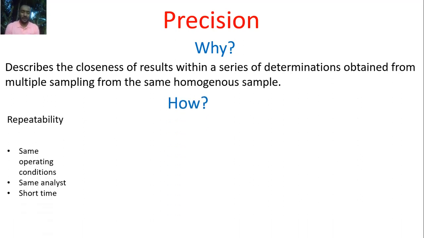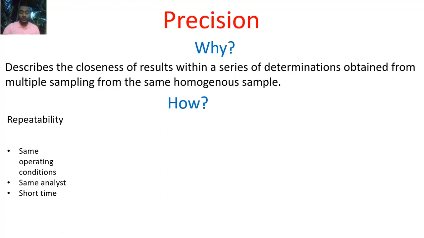How to do the repeatability? We prepare a homogeneous sample of our analyte. Then we determine it 6 times from the same sample, same machine, same day, same analyst. Then we compare the results and see the deviation among the results.